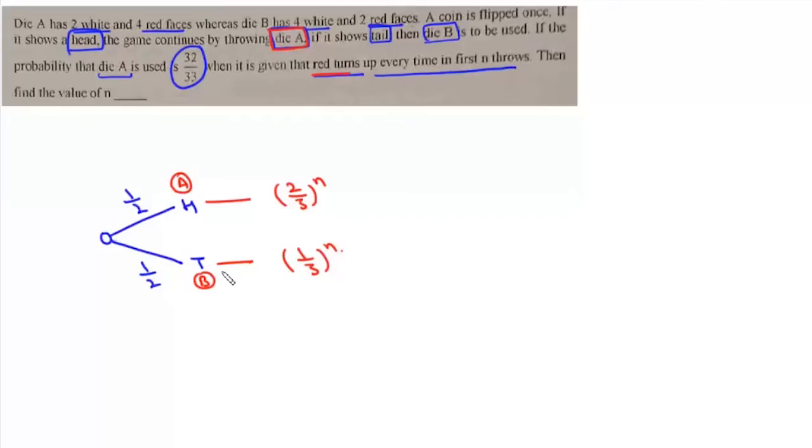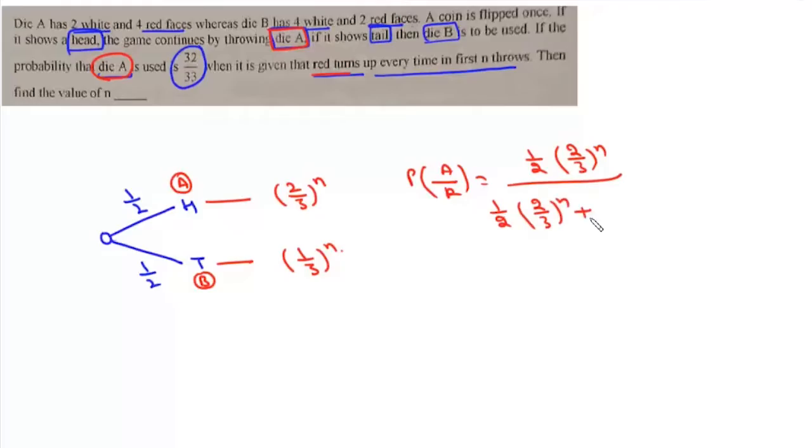Now it is given that red turns up every time, then the probability that it is die A is a Bayes theorem question. So if it is red, then this is die A. So this case will come in the numerator. So it will be this 1 by 2 and 2 by 3 to the power n divided by this total case which is 1 by 2 into 2 upon 3 to the power n plus 1 by 2 into 1 upon 3 to the power n.